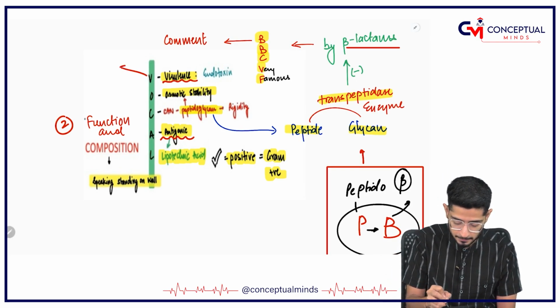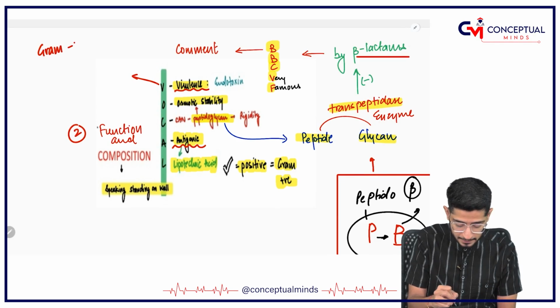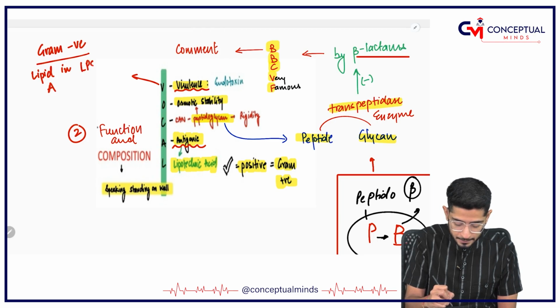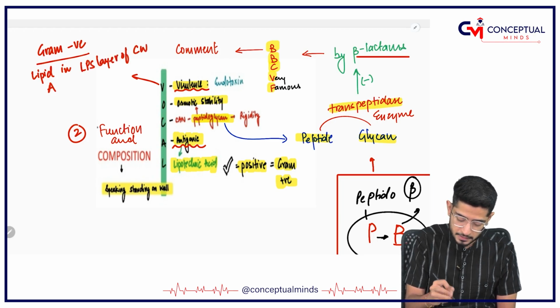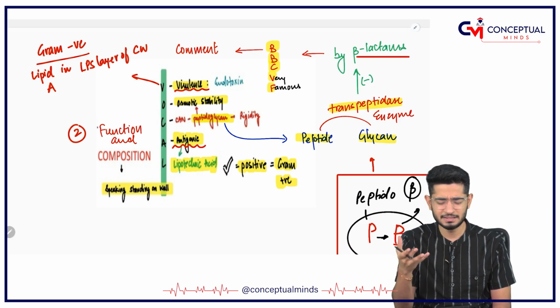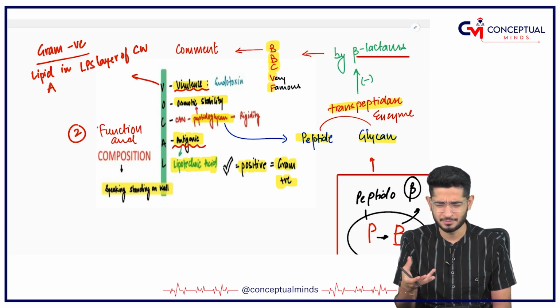Let me discuss it here. Gram-negative bacteria has got lipid A in their LPS layer of the cell wall. Just learn this, don't panic, don't feel that you are not aware of whatever I am teaching.